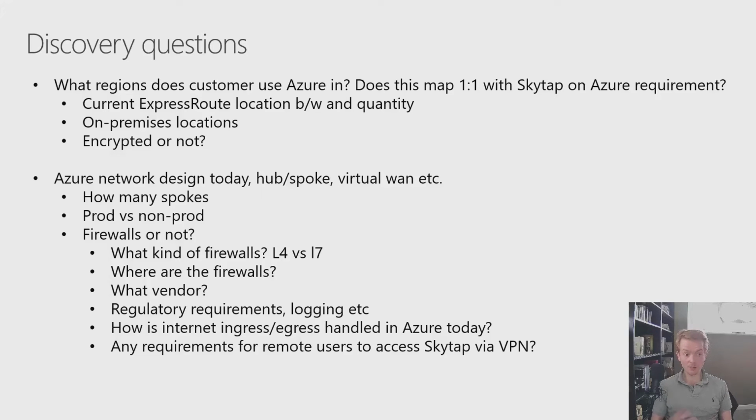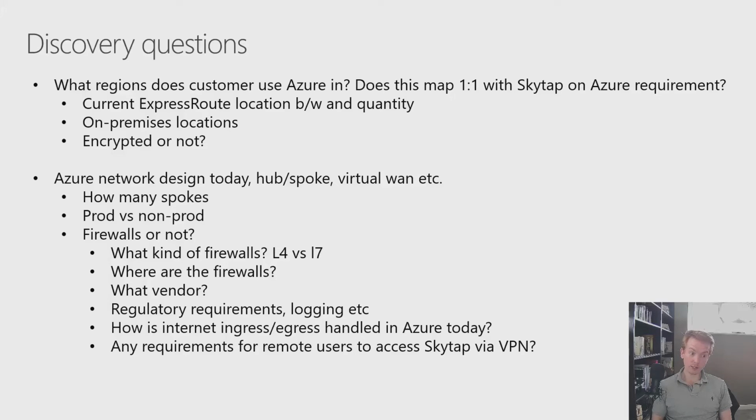It'd be good to know if they're settled on a single firewall vendor. Are they multiple vendor? Are they vendor agnostic? Do they have any specific requirements around logging? So some customers, again, in highly regulated industries might say, any traffic that comes into the cloud or out of the cloud, we want to at least log it for auditing purposes, source, destination, IP address, and port.